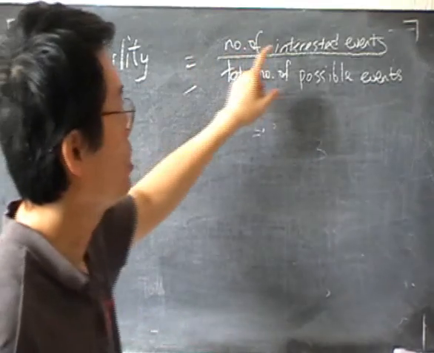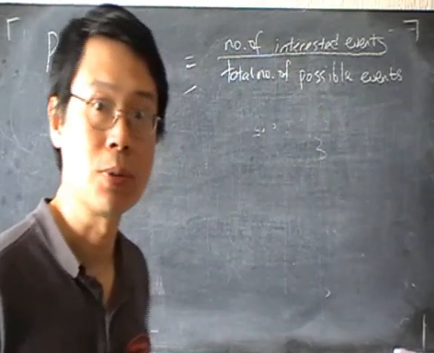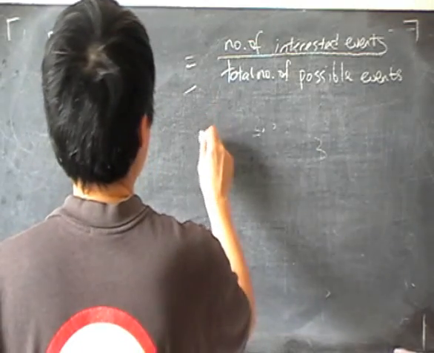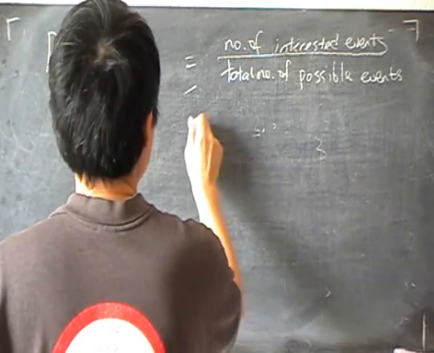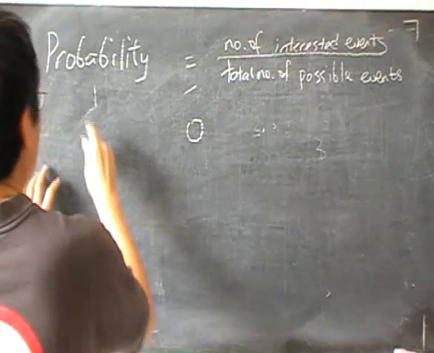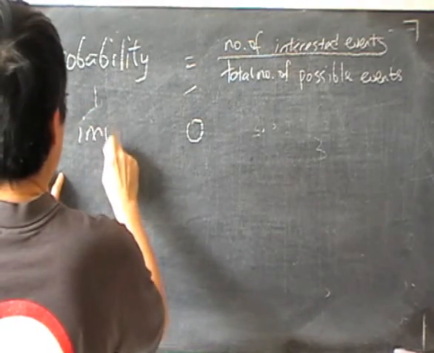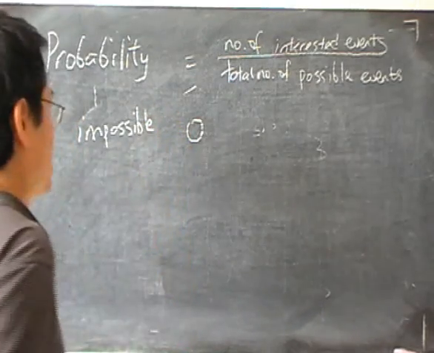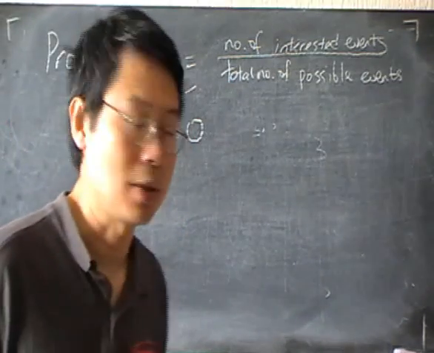Then the number of interested events would just be 0. Alright? So the probability would be 0 if I have events that are impossible, like getting a 7 or -1 on a die.